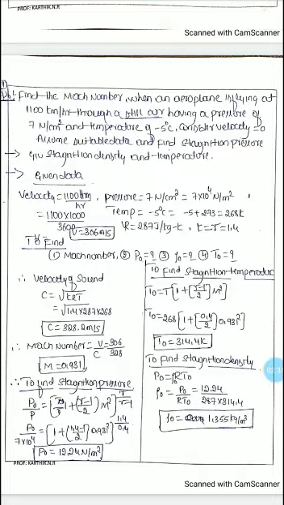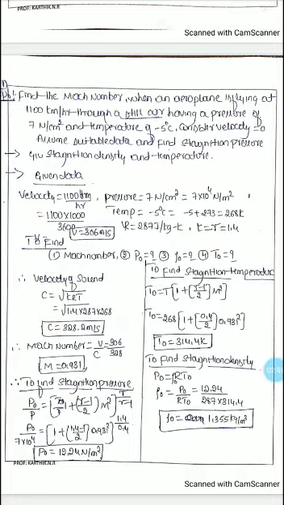Therefore, P is 7 into 10 raised to 4, 1 plus (1.4 minus 1) divided by 2, then Mach number is already calculated, that is 0.931 square, then gamma is 1.4 divided by (1.4 minus 1) is 0.4. See, on substitution we are going to get P naught as 12.24 Newton per meter square.